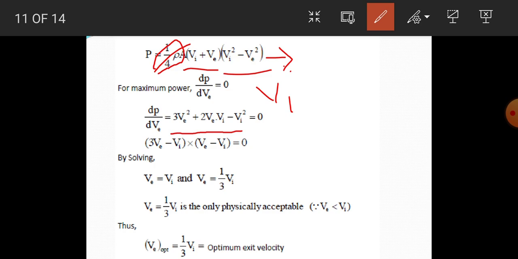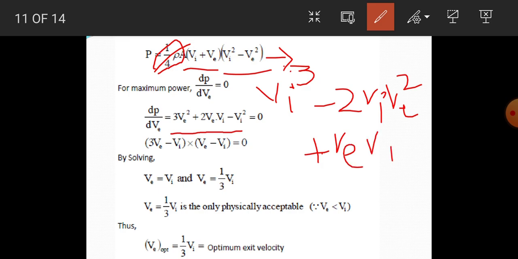If we multiply these two brackets, first we get vi cube, then minus vi ve square, then plus ve vi square.